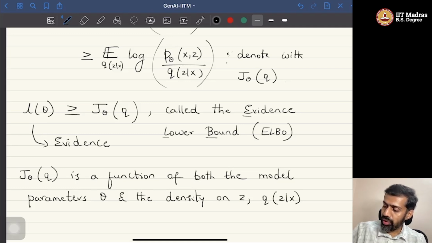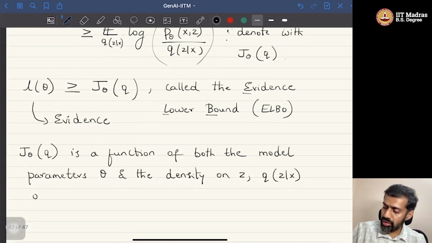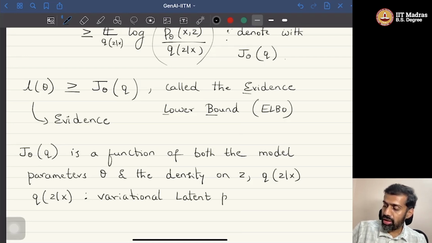Okay, this q of z given x is often termed as the variational latent posterior.